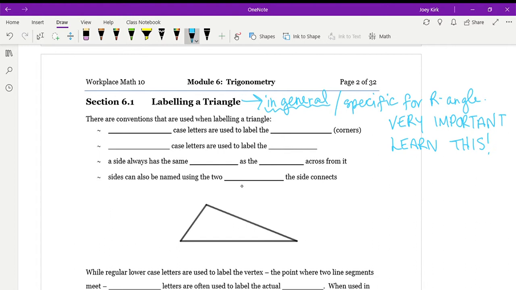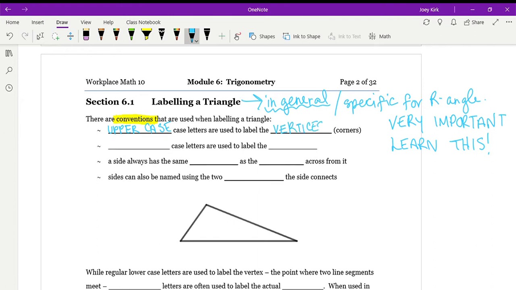So there are conventions, which just mean there are specific ways that things are done by everyone who deals with triangles. And there are conventions when we label a triangle. So we're going to use some uppercase letters. Okay, so all uppercase when we are labeling the vertices, and that is a fancy way for saying corner or pointy bit.